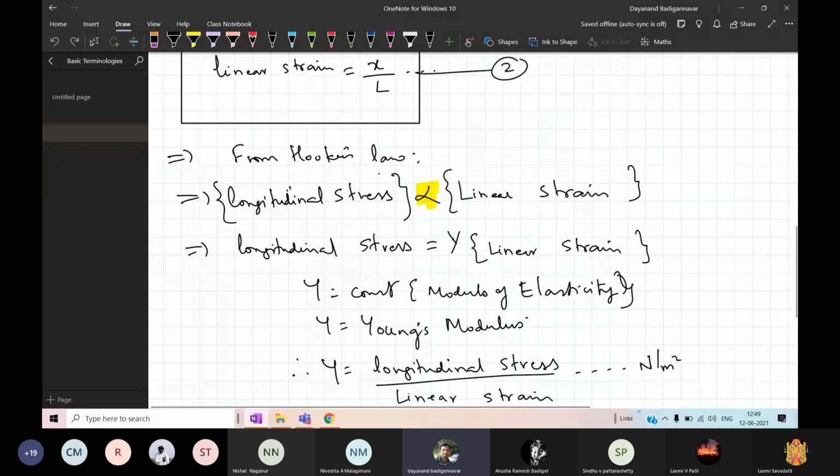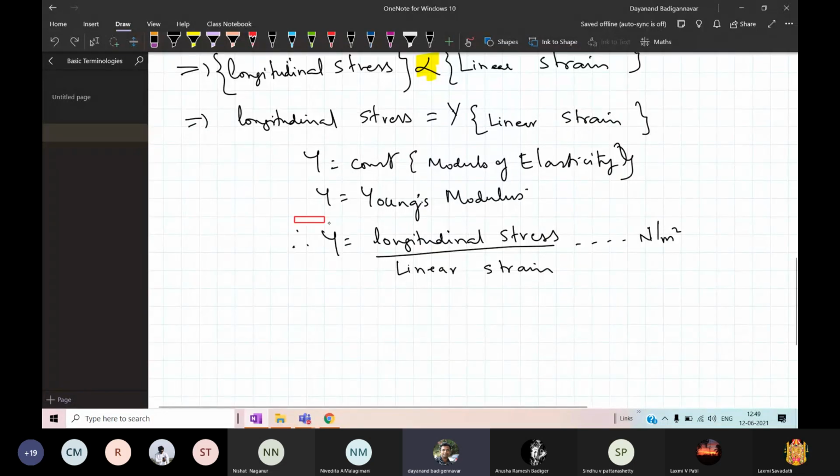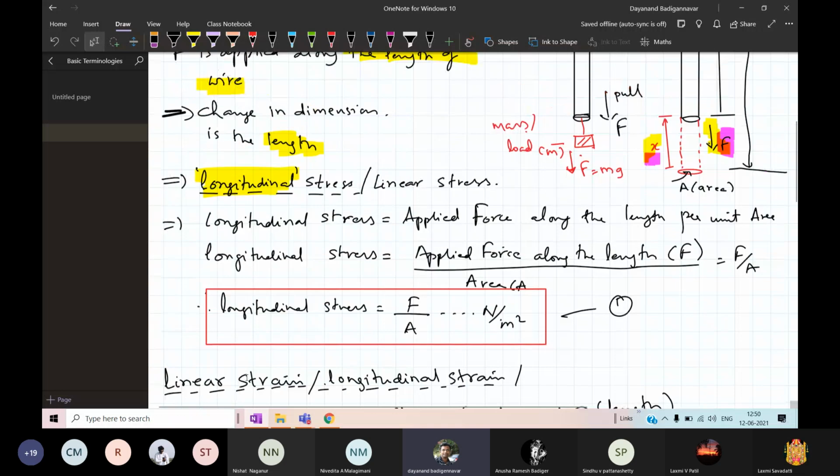What is Young's modulus? Young's modulus is nothing but the ratio of longitudinal stress to linear strain. Longitudinal stress can also be called tensile stress. I'll tell you what tensile stress is in the coming classes.